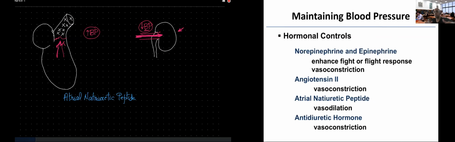Knowing that the heart hates high blood pressure and the kidney hates low blood pressure, and the hormone name is atrial natriuretic peptide, what can you come up with? What can you guess here? Although this is the first time you hear about this hormone. Will it dilate or constrict?